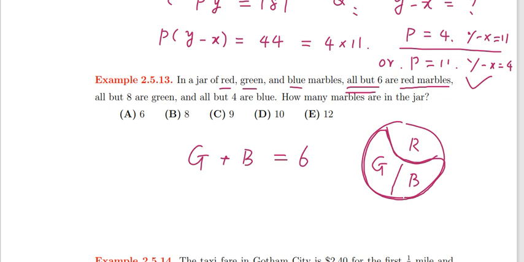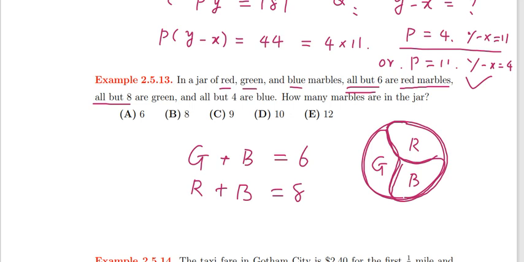Okay. So once we understand this, this is easy. All but 8 are green, so R plus B is 8.